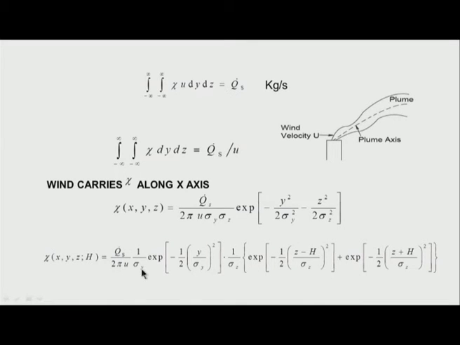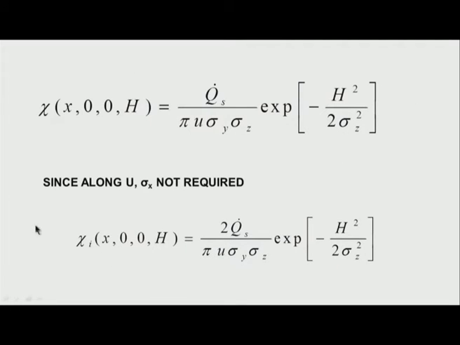I had q dot s by pi u sigma y sigma z, and therefore the concentration at any x as it disperses on the surface of the ground along the center line of the wind, as the mass diffuses out, is given by this particular expression. Why is it we do not get a sigma x term? Because the wind is taking it forward, therefore no sigma x is required.